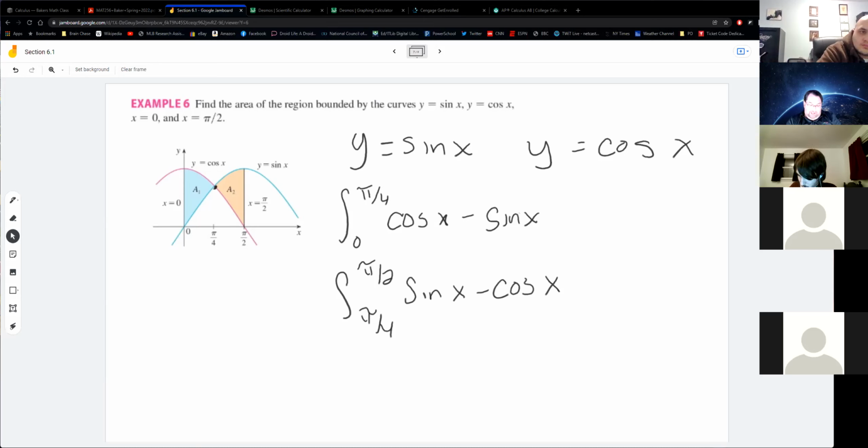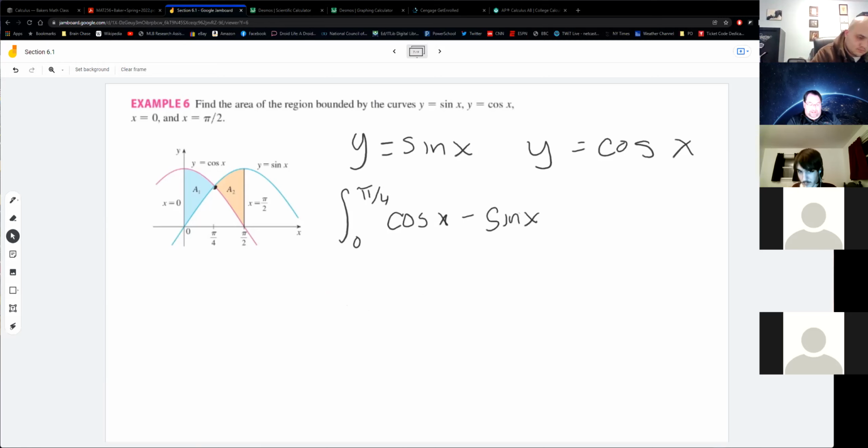All right, let's find the first one. So what's the integral of cosine of x? Isn't it secant x? Nope. Cosine and sine are the ones that just keep going back and forth.